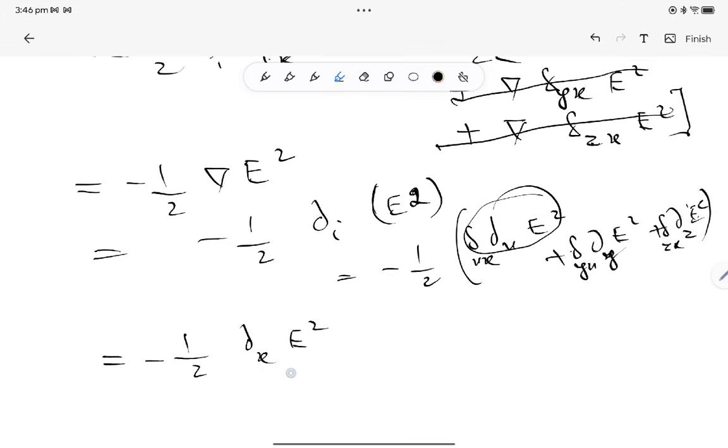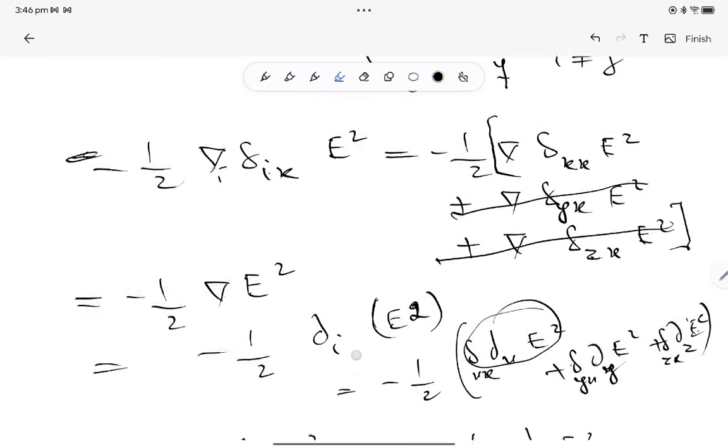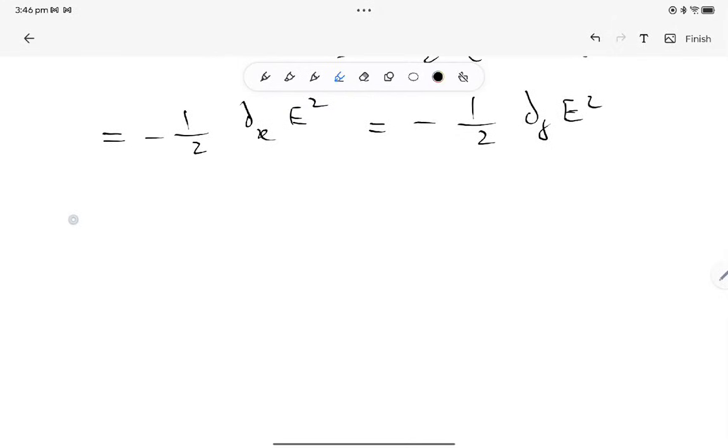But what was x? What did we use x for? We used it for j. So we have minus 1 by 2 del j e square. Maybe you might have been confused because of this, so let's repeat it in a minute. You have the situation: delta ij e square.